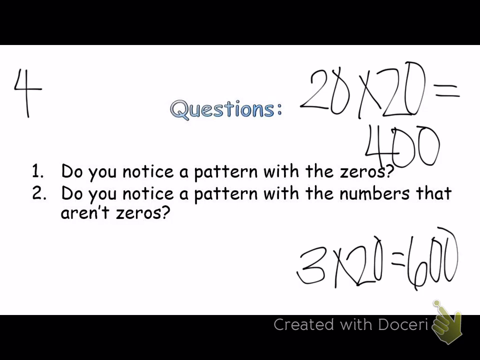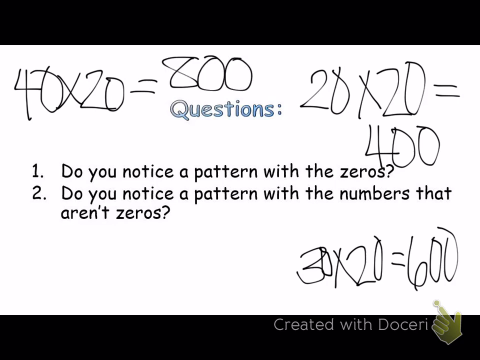I have 40 times 20, and that gave me 800. The number of zeros in the answers are matching the number of zeros used in the equation. Do you notice a pattern with the numbers that aren't zeros? The numbers that aren't zeros are always being multiplied together, and then we put the zeros on the end.